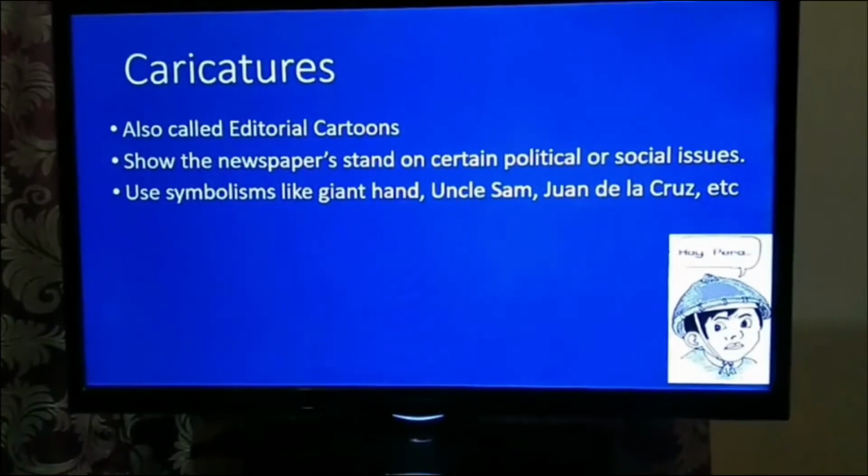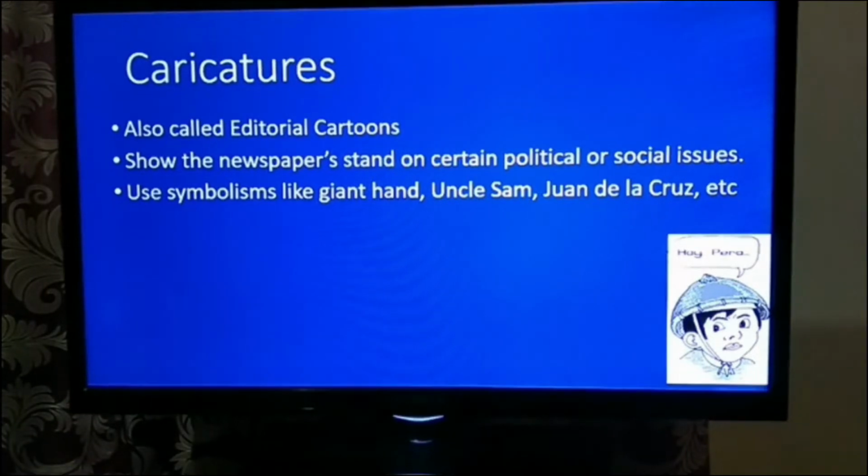He is the typical Filipino. He wears a salakot, he's a farmer, and he's often seen as a victim of some kind of social issue or problem. So you can have other symbolisms in your ed cartoons, and later on we will see more examples in the pictures I will show you.